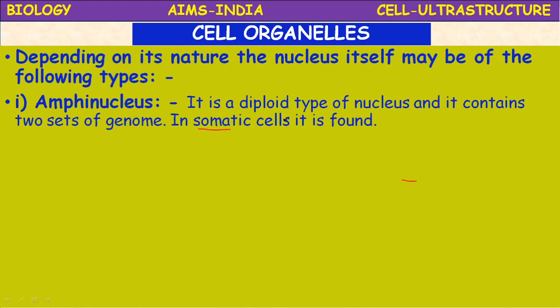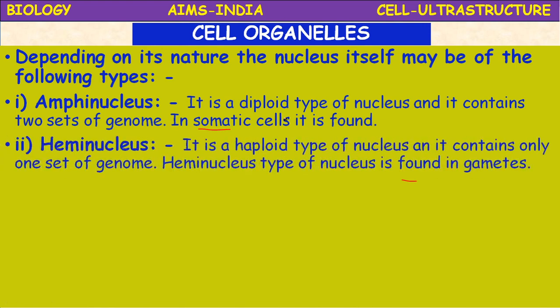Genome means genes. Okay, next, heminucleus. Heminucleus means it is a haploid type of nucleus and it contains only one set of genome. This type of nucleus is found in the gametes.